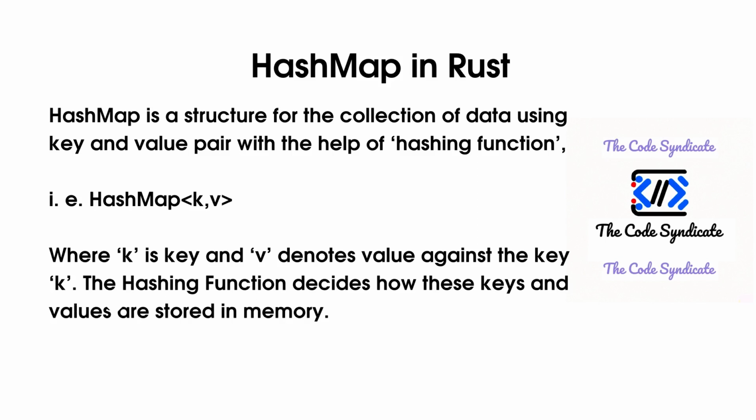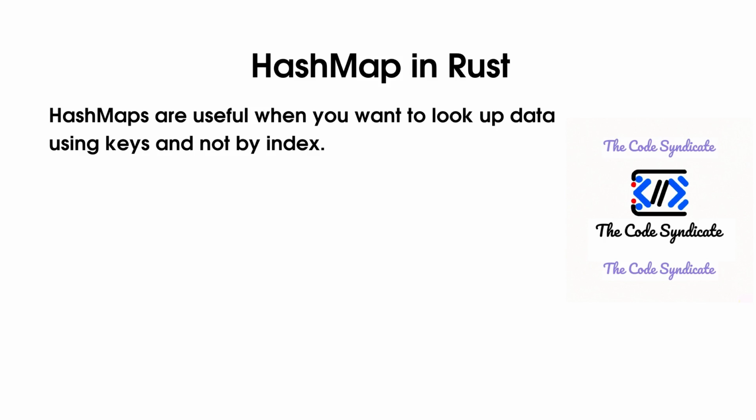That is HashMap<K, V>, where K is the key and V denotes the value against the key K. The hashing function decides how these keys and values are stored in memory. Hash maps are useful when you want to look up data using keys and not by index.